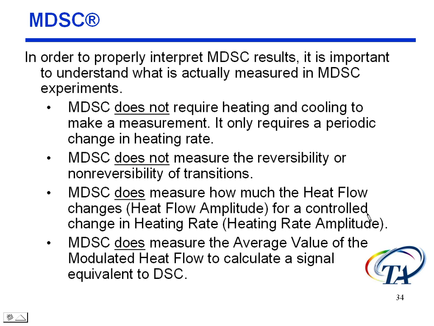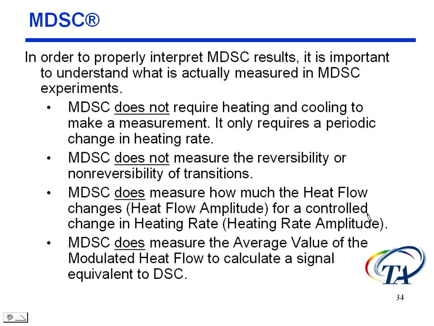Modulated DSC does not measure the reversibility or non-reversibility or irreversibility of transitions. Modulated DSC does measure how much the heat flow changes, the heat flow amplitude, for a controlled change in the heating rate, or the heating rate amplitude.